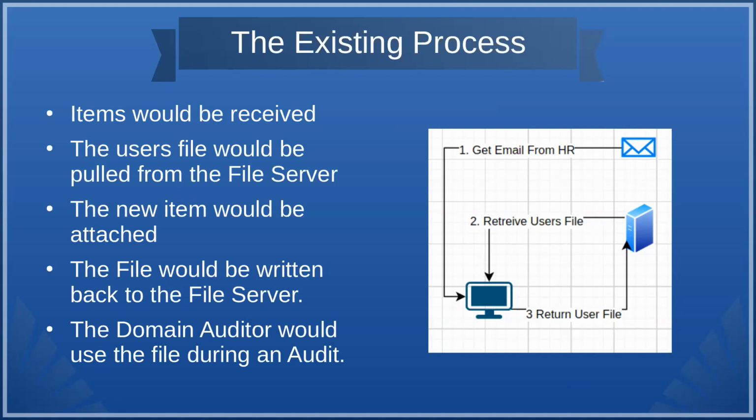We would get an email from HR, from a manager, or from the user requesting something, and it would pop up in our shared mailbox. We would go get their file, because we would save it off as a .eml file. MSG is the open source one. We would attach that like you would attach another email to that file, and then we would put it back on the server. The domain auditor then knew where all this stuff was, so if they had a question, they could go look at that.